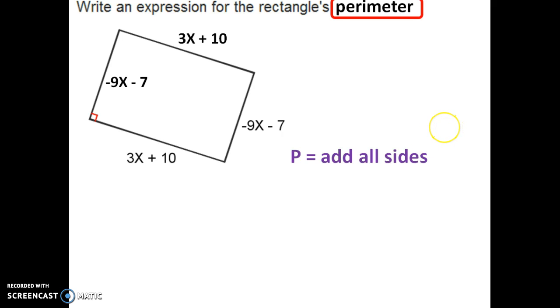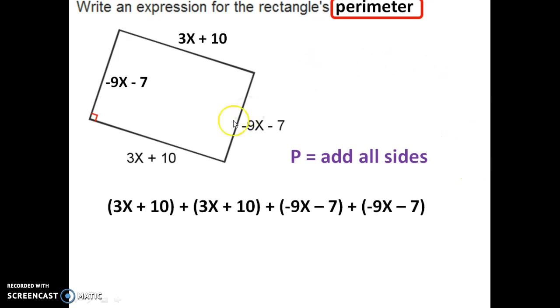And then we can write an expression that adds up all of those sides to give us our perimeter. So notice first we put the 3x plus 10 plus the 3x plus 10 plus negative 9x minus 7 plus negative 9x minus 7.